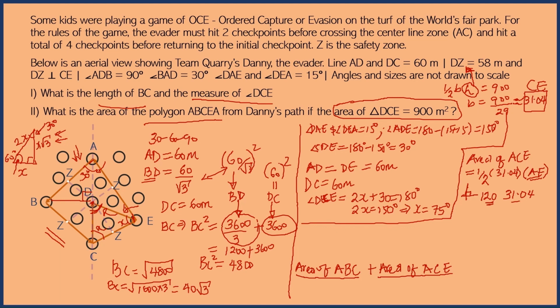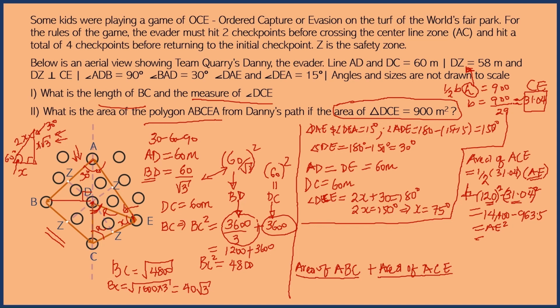So now we can find what length AE is. So let's do that. So now this is going to be 120 squared minus 31.04 squared, which is going to be equal to 14,400 minus what? Plug that in your calculator, that's 963.5, which is going to be equal to what?